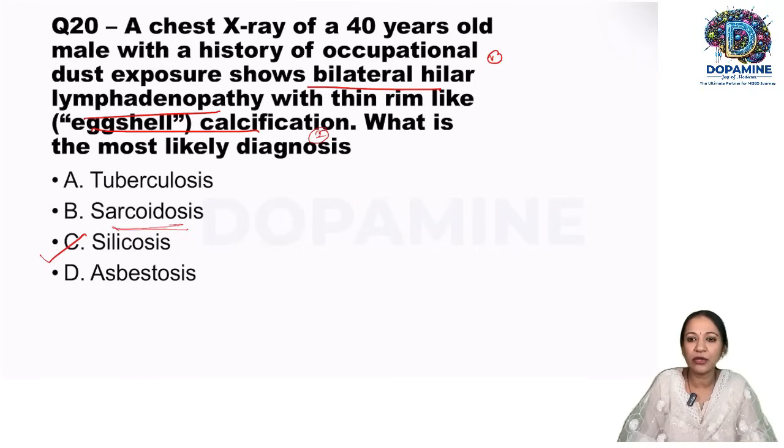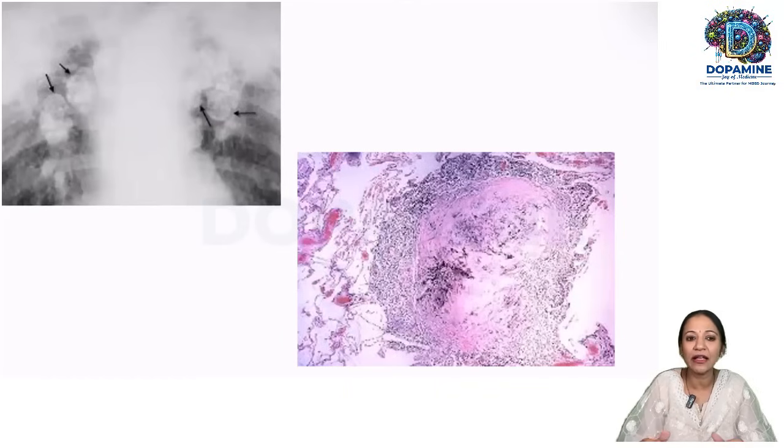So what is silicosis? It is the inhalation of silica dust. And as you can see, the arrowhead points to the eggshell calcification. And what will be the histopathology image? As you can see here, whorls of collagen. Whatever you see in pink is collagen.